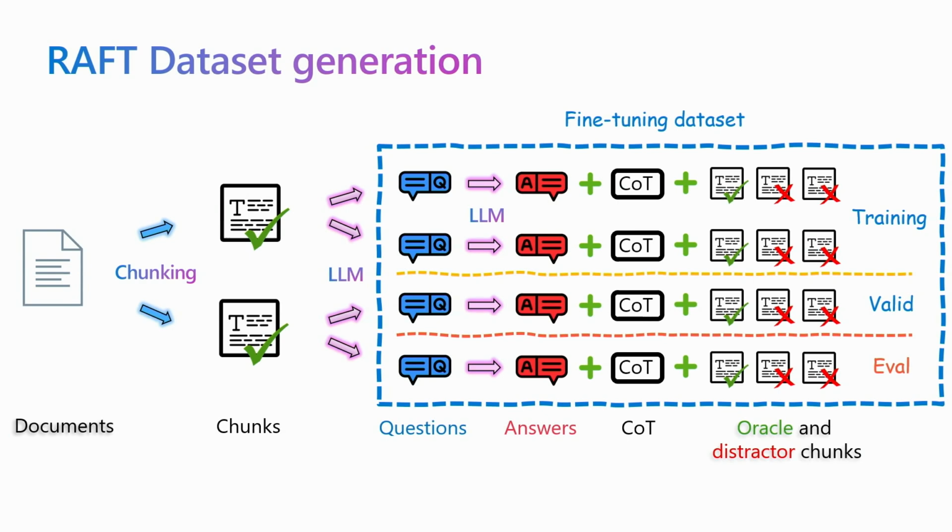This is classical of machine learning: a training data set, a validation data set, and an evaluation data set. The training data set is the data set which is going to be used to train the model, to update the weights in the model. The validation data set is the data set that is going to be used to make sure that the training is going in the right direction, that we are actually improving the capabilities of the model to solve that task.